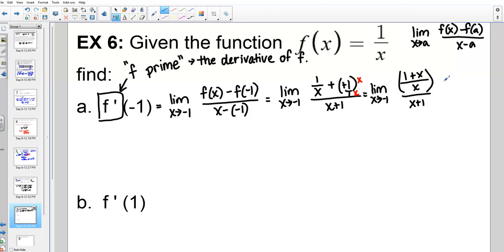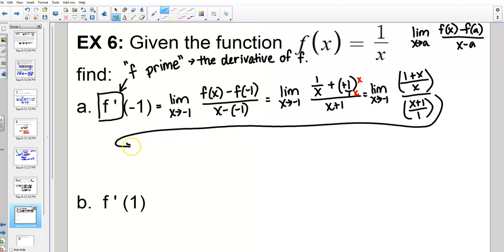Okay, after this, I can flip the second and multiply. So I have the limit as x approaches -1 of 1 plus x over x times 1 over x plus 1.